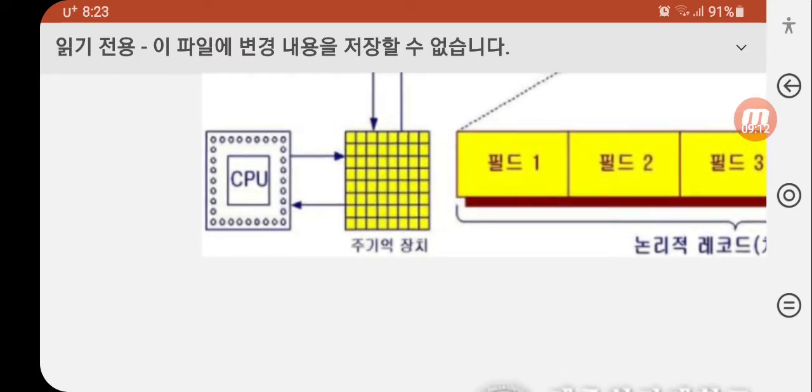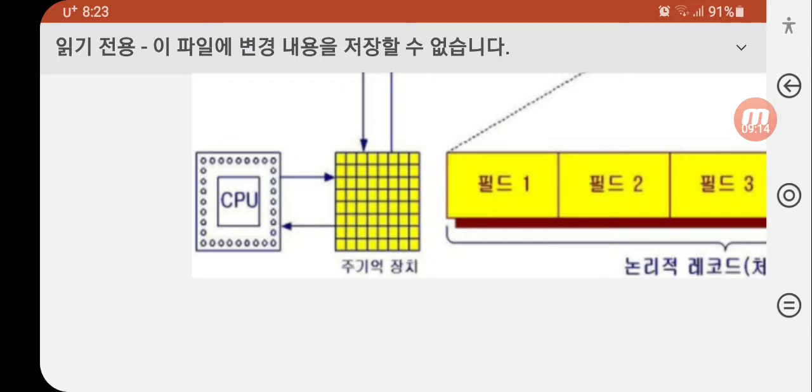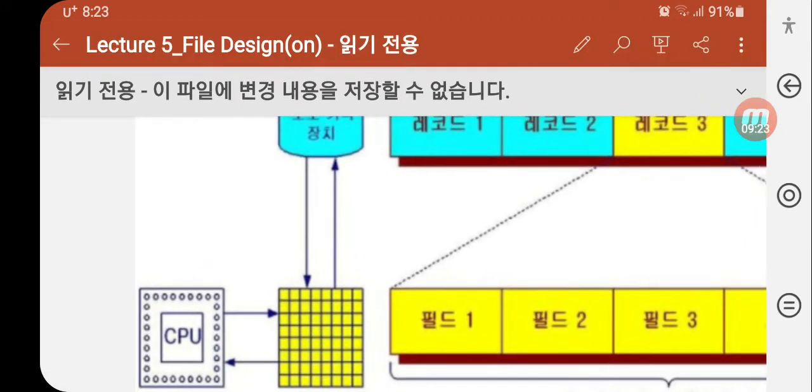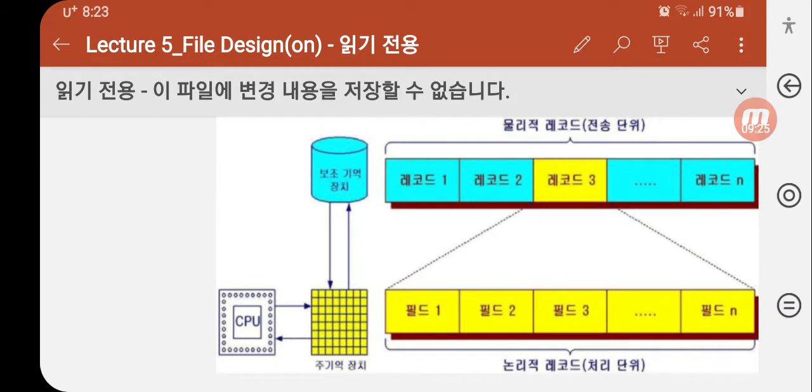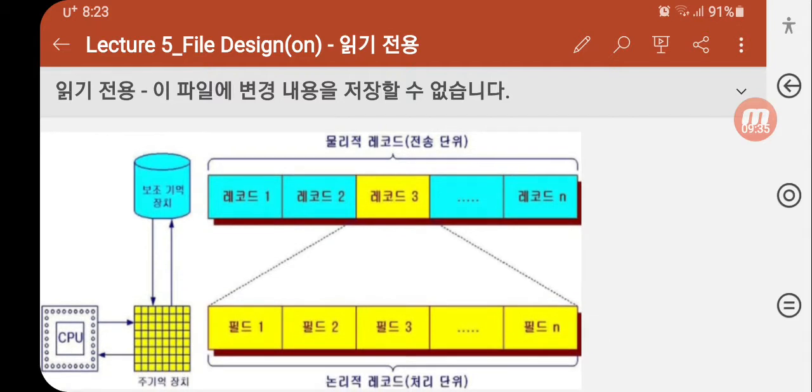Yellow cell is main memory. Main memory is the interaction of CPU. Main memory accesses auxiliary storage, just like hard disks.